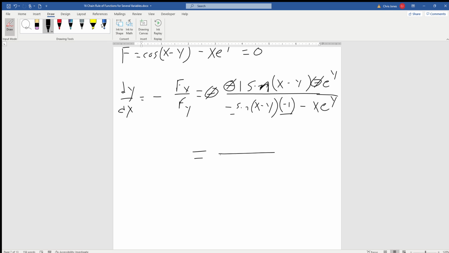So a cleaner answer for this would be sine(x minus y) plus e to the y, divided by sine(x minus y) minus x e to the y. And unfortunately, although the numerator and the denominator are really close to one another, we can't do anything to really simplify this. So we're kind of stuck with that answer.